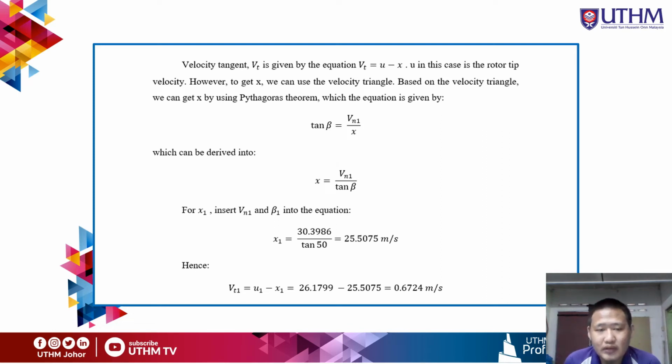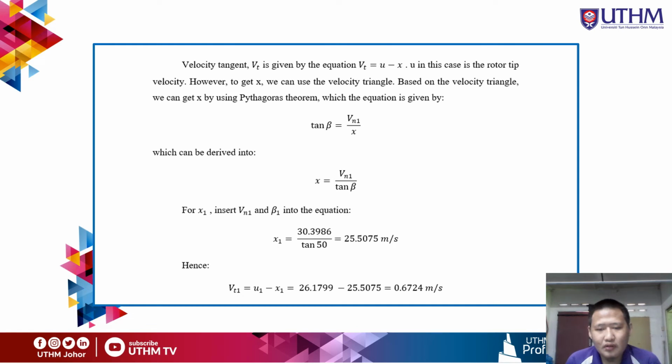Based on the velocity triangle, using the Pythagoras theorem, tan beta equal to Vn1 over X. We can derive from the equation that X equal to Vn1 over tan beta.